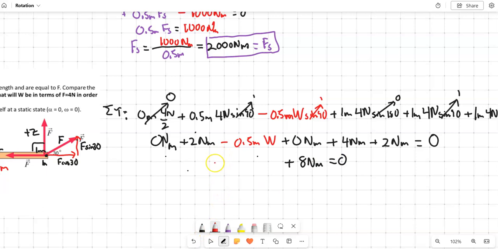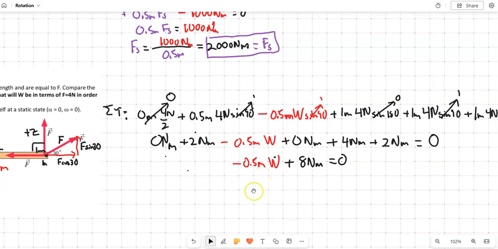Here we have our negative 0.5 meters times the weight, which we're trying to determine, that force right there. And let me just grab this and move it a little bit closer so it looks a little bit cleaner.